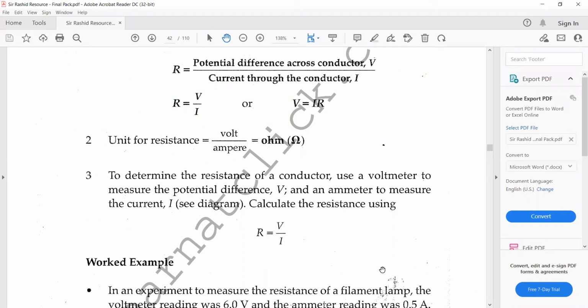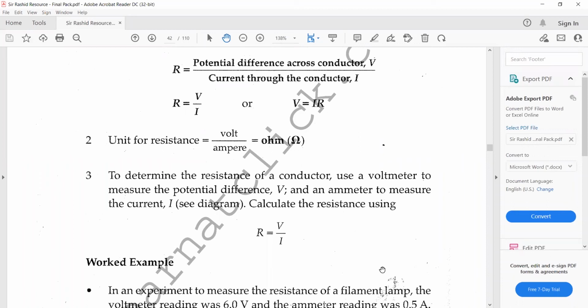And remember, the resistance of any conductor is directly proportional to its temperature. If the temperature of the conductor increases, what is a conductor? Metal, copper, aluminum, silver, gold, all these are conductors. Usually we utilize copper and aluminum, which are good conductors for electricity. If you are using copper wires or aluminum wires, if their temperature increases, they will become hot, then their resistance will increase.